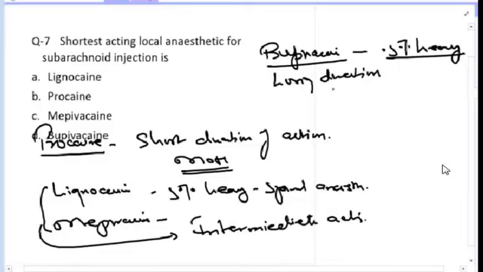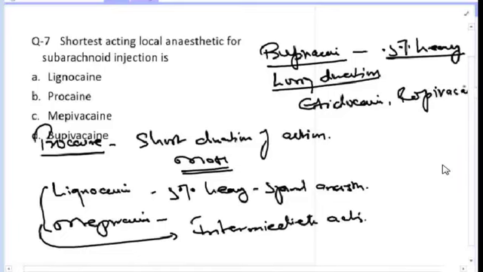Now, other drugs having long duration are etidocaine, ropivacaine, and dibucaine.